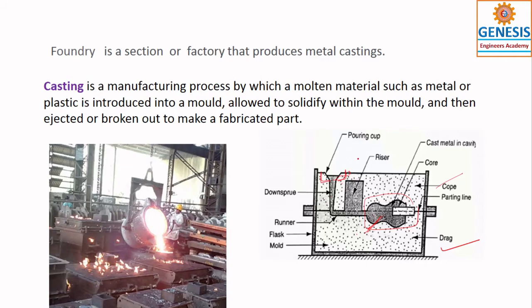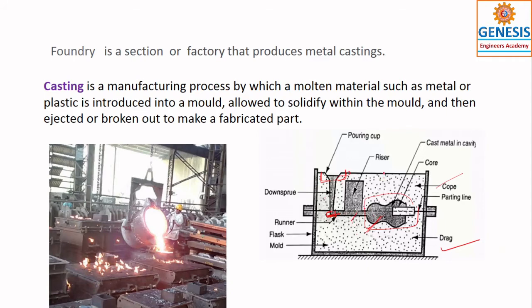After filling the pouring basin, and after the settling of some sand or impurities in the pouring basin, the metal is allowed to pass through the sprue, because it is coming down the sprue. Under the sprue there is one more thing, where we can put some material inside and allow the metal to pass through the runner.